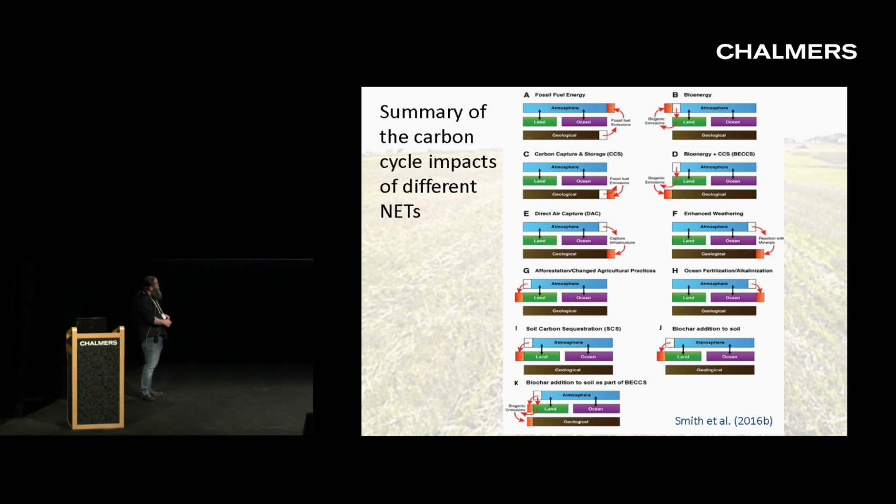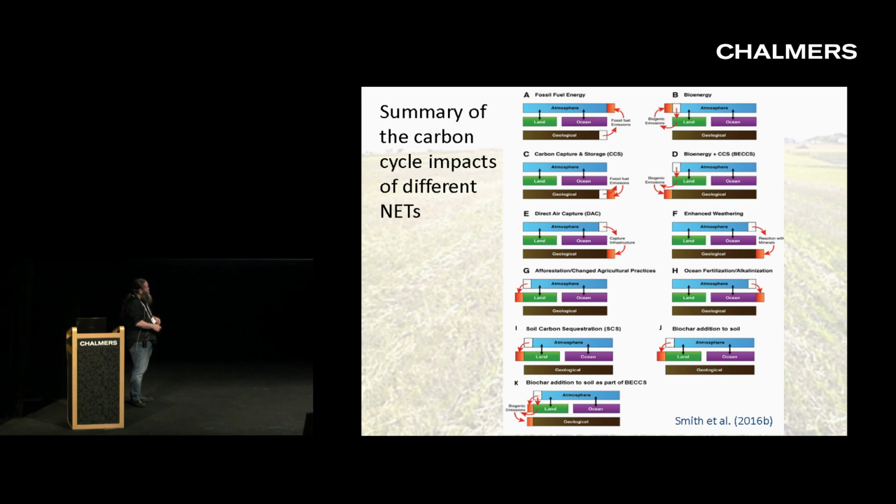And then the others, which include soil carbon sequestration, are actually taking carbon from the atmosphere and storing it in shorter term pools with turnover of maybe decades, maybe even centuries in some cases, but with a range of turnover times, so that you've got a net increase in the land carbon sink. So soil carbon sequestration is one of these technologies which takes carbon from the atmosphere and puts it into the land, but not into geological storage.